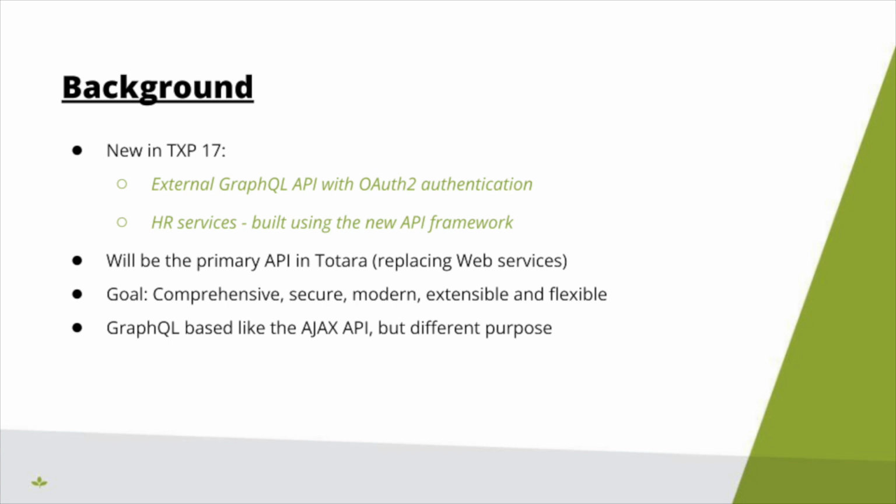And what we've done here is to add a new version of that API that's based on the same technology, but has its own proper authentication mechanism and is designed for external access. So that's what we're going to be going through today. GraphQL is the technology that we chose previously, and we've chosen to build on that for this API.